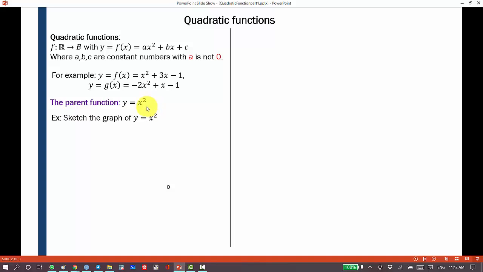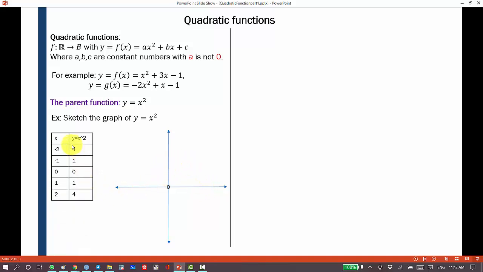Let's start our study of quadratic functions with sketching the graph of y equals x squared, the parent function. Obviously, we go ahead with our xy coordinates and give some values to x and find the corresponding y values. Since the domain of this parent function, and in general of all quadratic functions, is all real numbers, we can give any value to x, such as minus 2, for which x squared is 4, minus 1, for which y is 1, and so on.